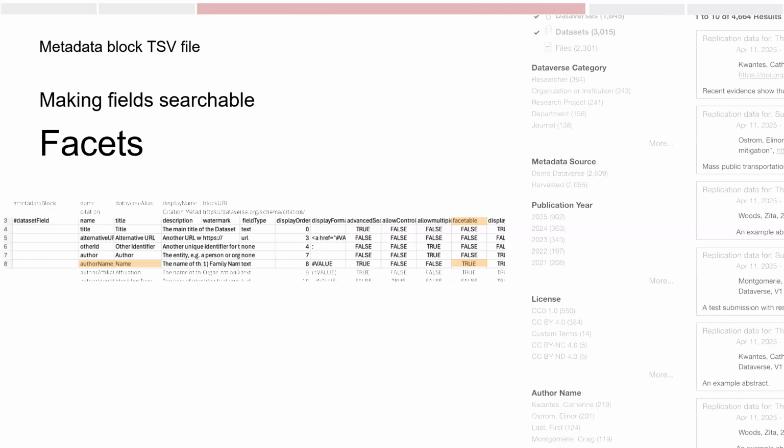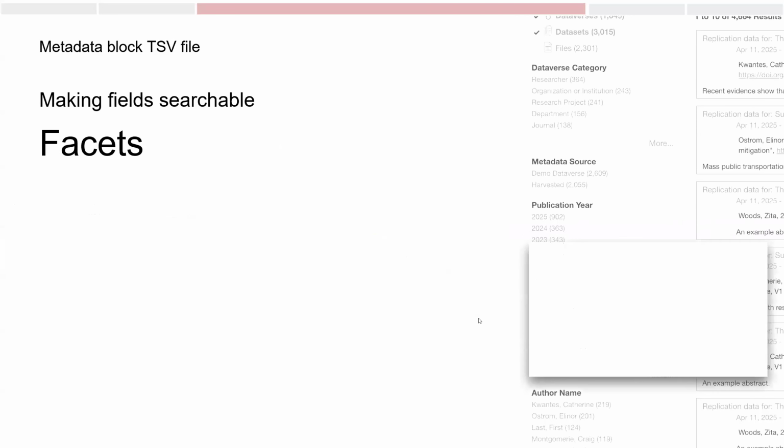But the facets work differently. Each collection manager can control which metadata fields are used as facets, as long as in the metadata block TSV file you mark facetable as true. So here we have the author name, and facetable is true for that row, right?